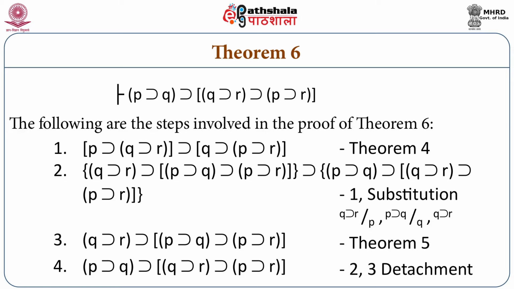We will get a formula something like this. Q implies R together implies P implies Q implies P implies R. The whole thing implies P implies Q implies Q implies R implies P implies R.